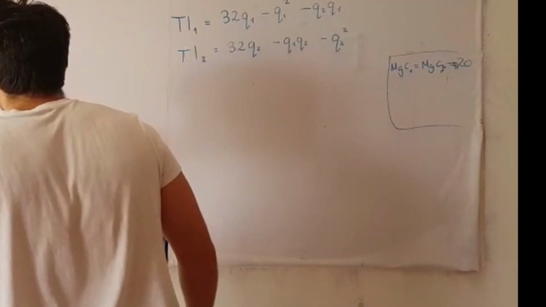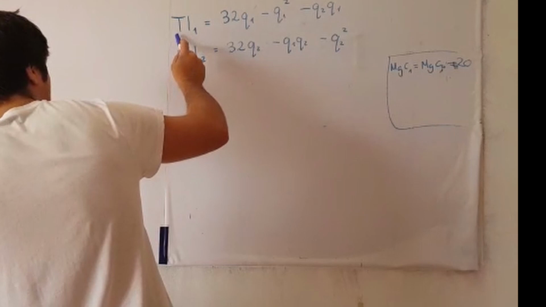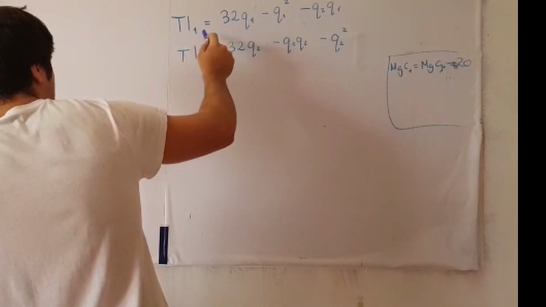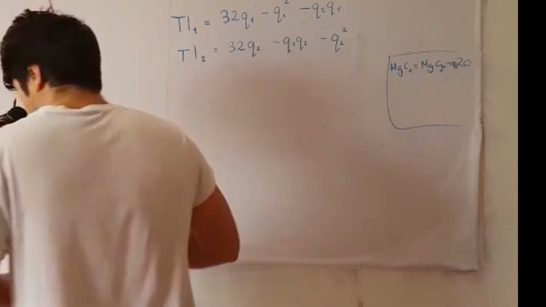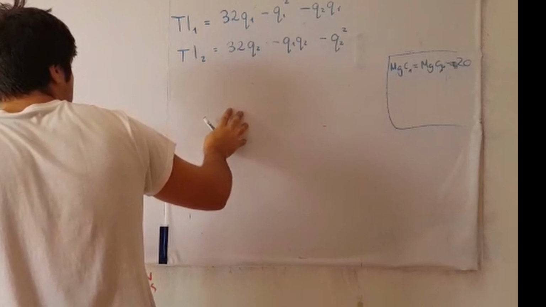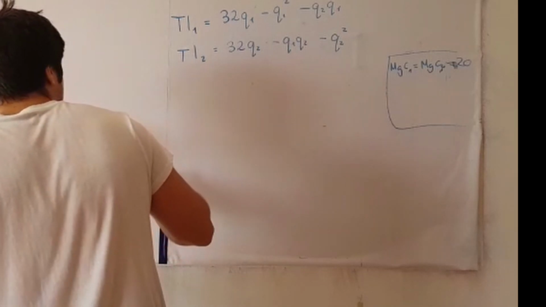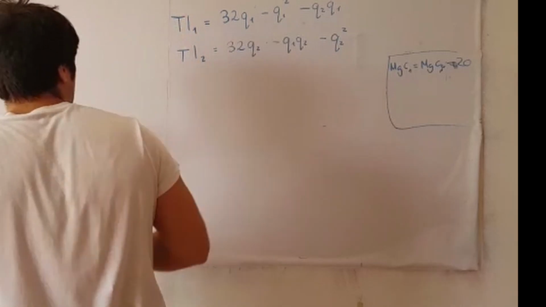Okay, so I just rewrote the whole whiteboard, and as we were saying, this is the total income for firm 1, and this is the total income for firm 2. And what we have to do now is just calculate the marginal income, and that's the partial derivative of this total income here and the total income 2.